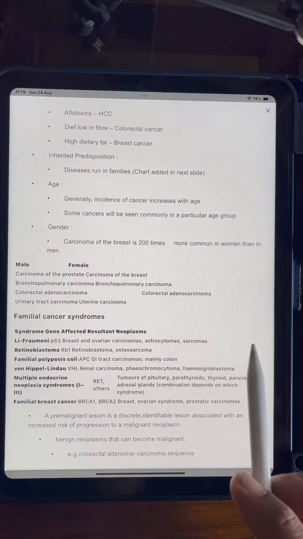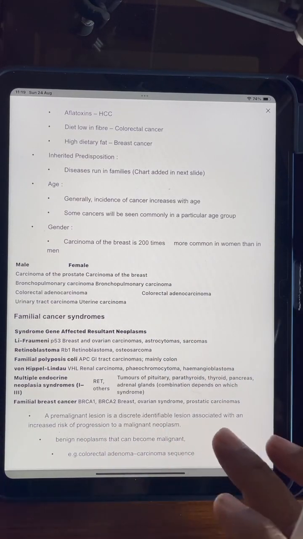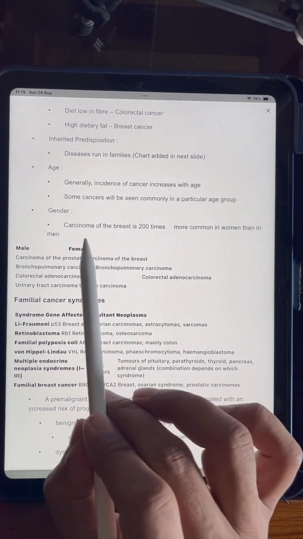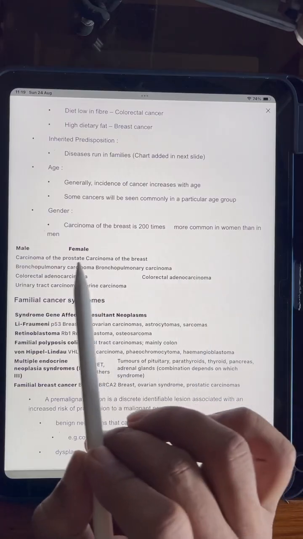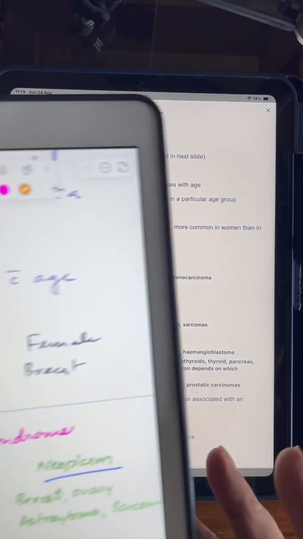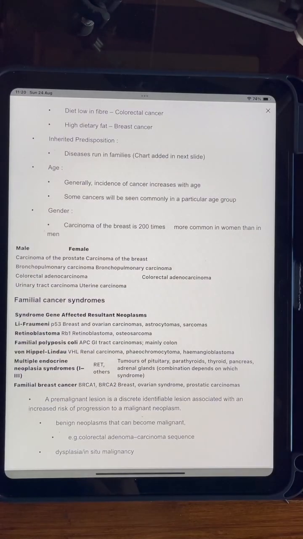Age: generally, incidence of cancer increases with age. Sex: carcinoma of the breast is 200 times more common in women, and the cancers common in males are prostate cancers while in females they are breast cancers.